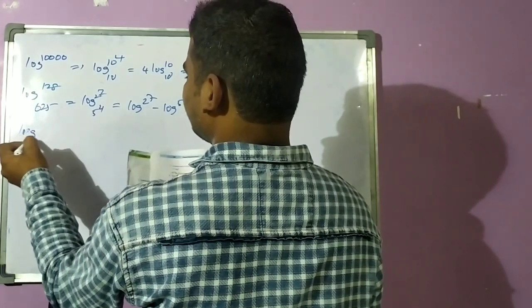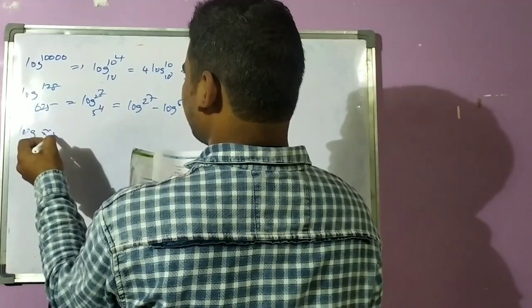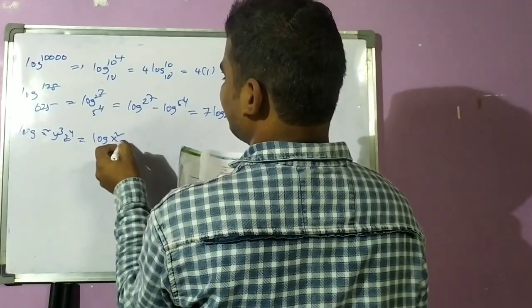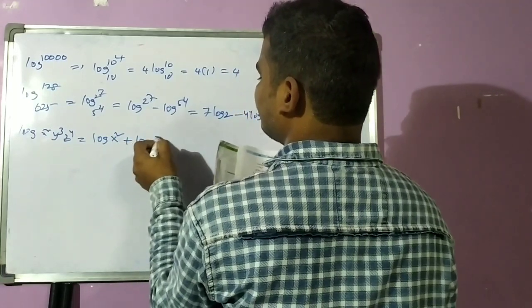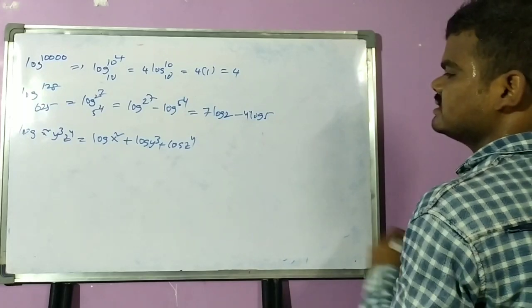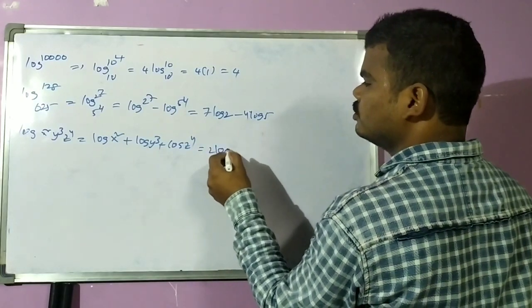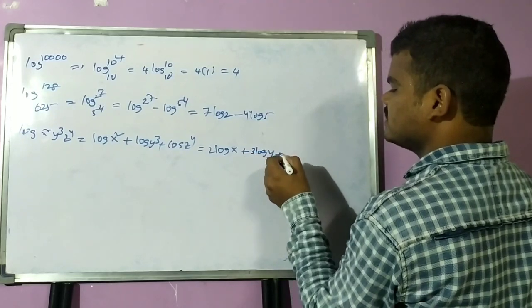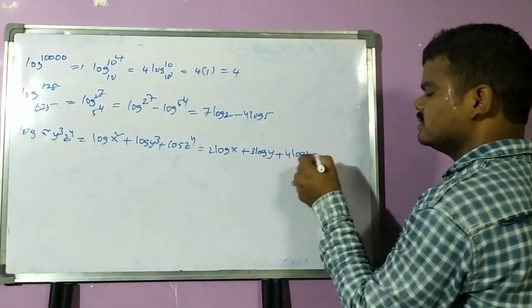Logarithm of x square y cube z power 4. This can be written as logarithm of x square plus logarithm of y cube plus logarithm of z power 4. This is 2 log x plus 3 log y plus 4 log z.